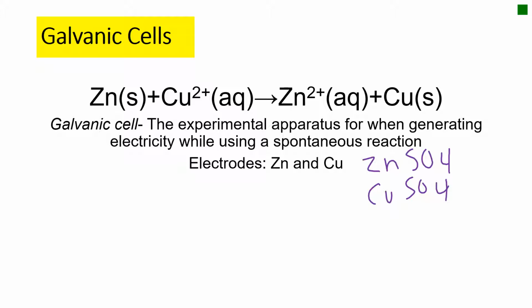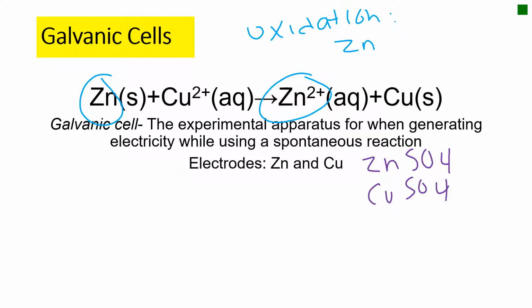And the cell operates on the basis of the oxidation of Zn to Zn2+. So the oxidation in this case would only involve zinc, going to zinc 2 plus.